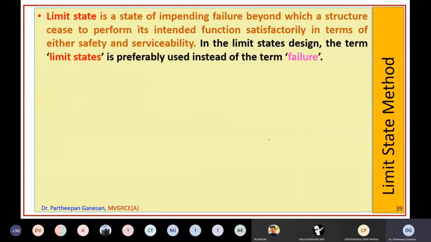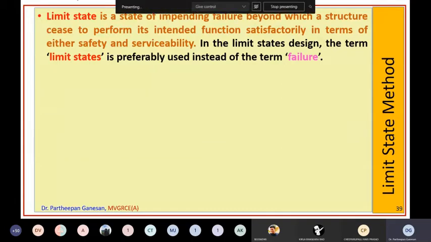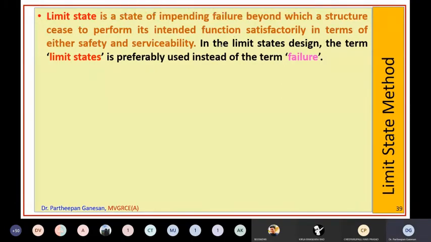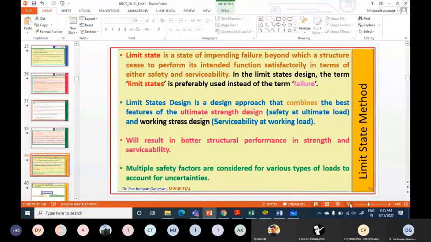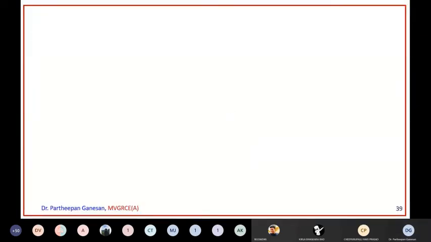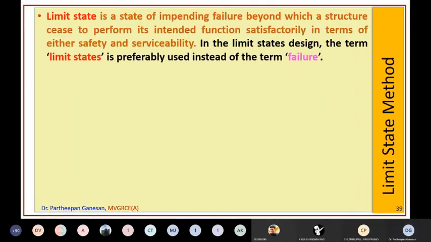So what is limit state? Limit state is a state of impending failure beyond which structure ceases to perform its intended function satisfactorily in terms of safety and serviceability.